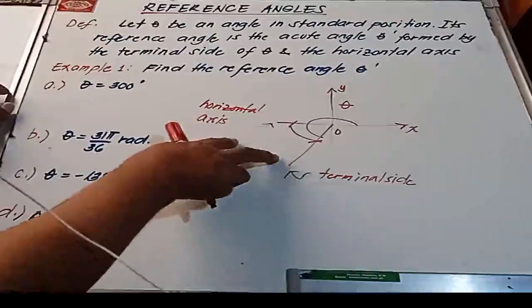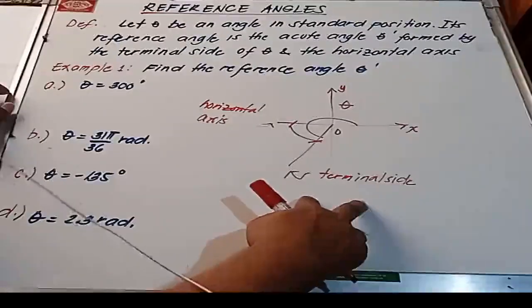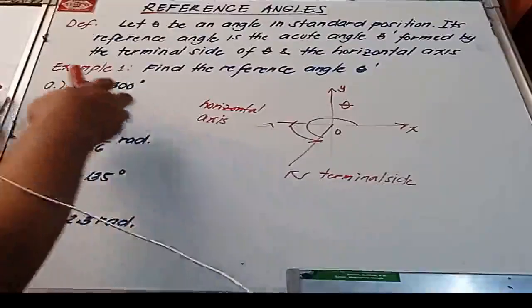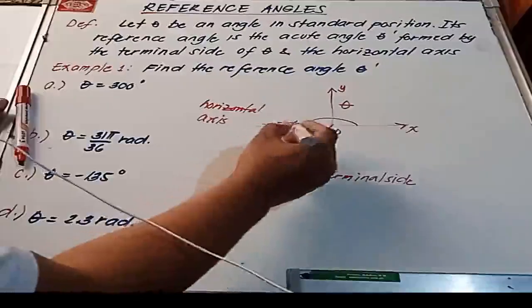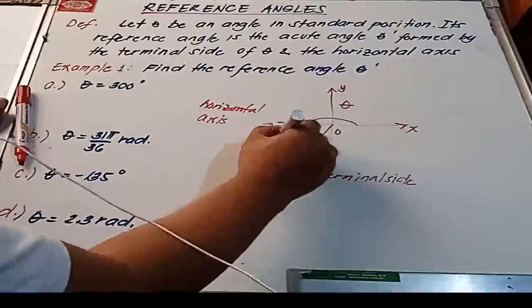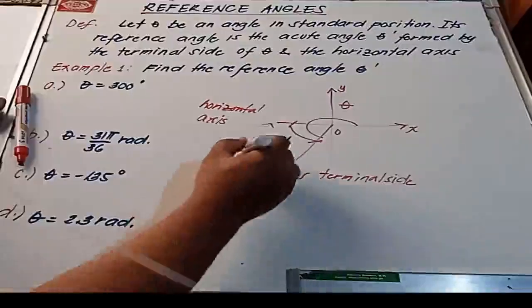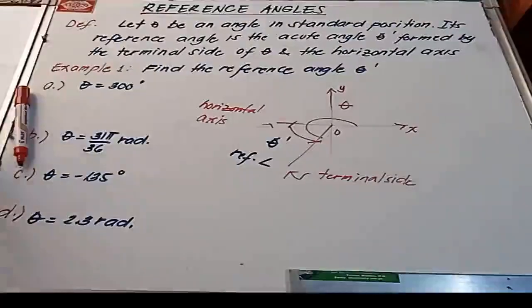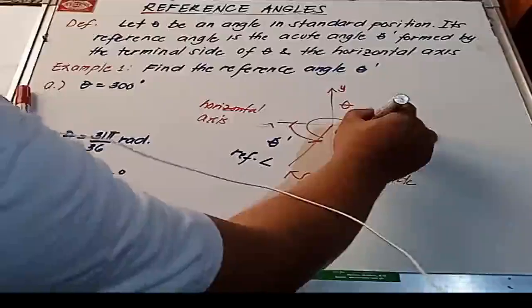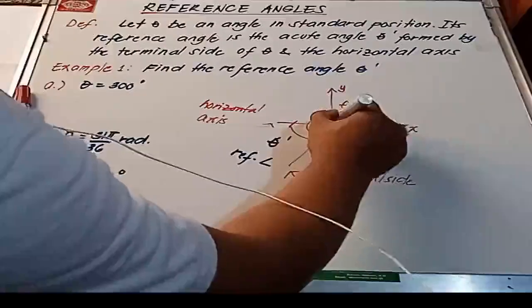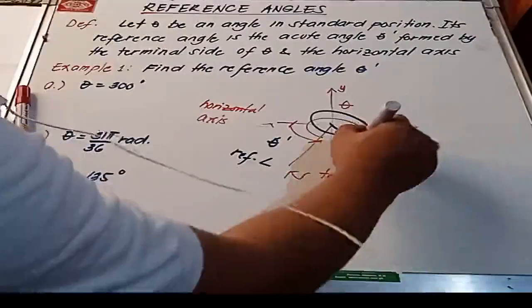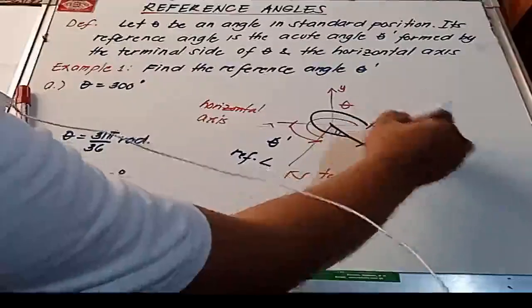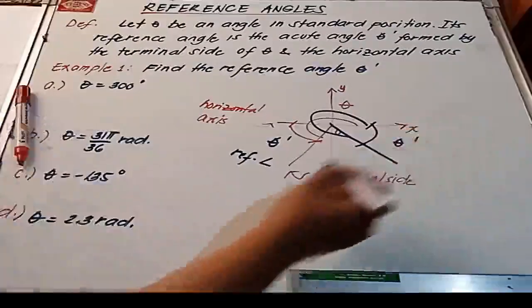Yun yung gap between the terminal side of the angle in standard position and the horizontal axis. So therefore, this is our theta prime or the reference angle. Okay? So ganun pagkuha.